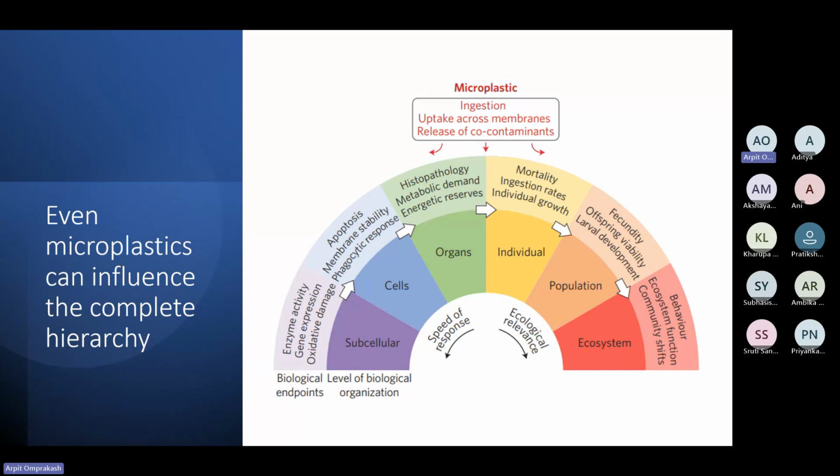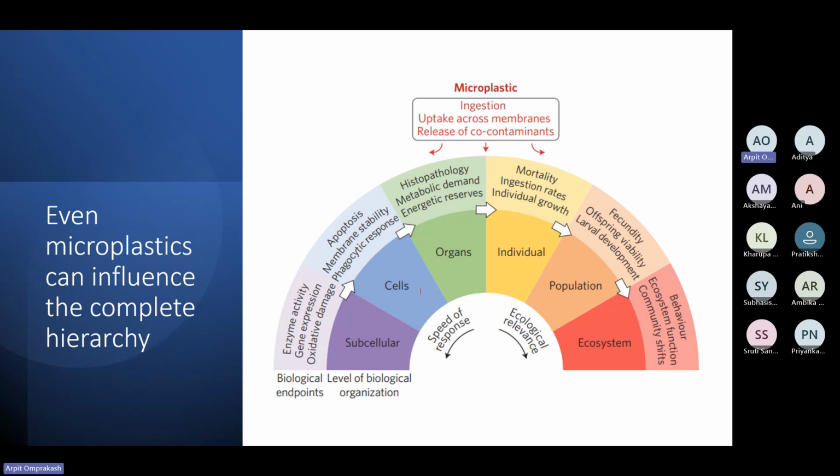And people have shown that even microplastics can influence the complete hierarchy of biological organization. So we see that as you go down the hierarchy, you go to more finer levels such as cellular levels, the speed of the response is quite high.